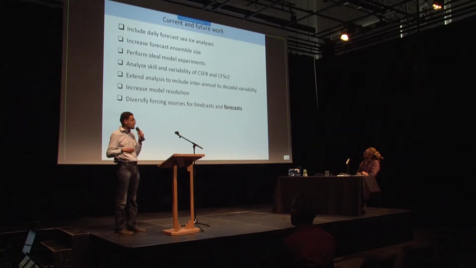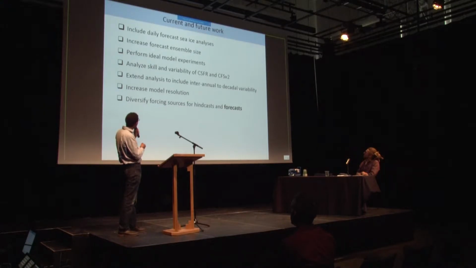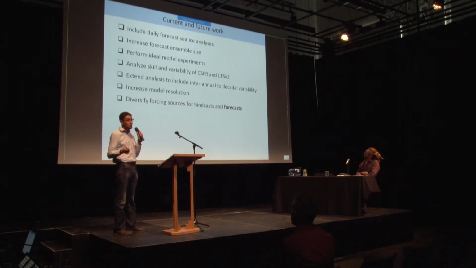There's definitely a curve there, and we would need to know what that is related to, why we have less skill in June usually, or June, July-ish. We need to increase the number of forecast ensemble members. If I learned one thing from the few talks ahead of me, it's that a larger ensemble usually means good.